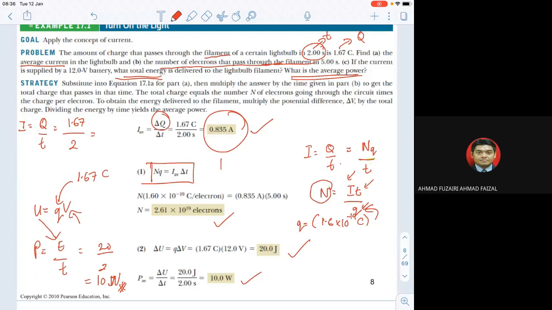Remember, it's not a capital Q, it's a small q, the charge of the electron, because this is specifically for electrons. That's why the question asks you about the number of electrons.